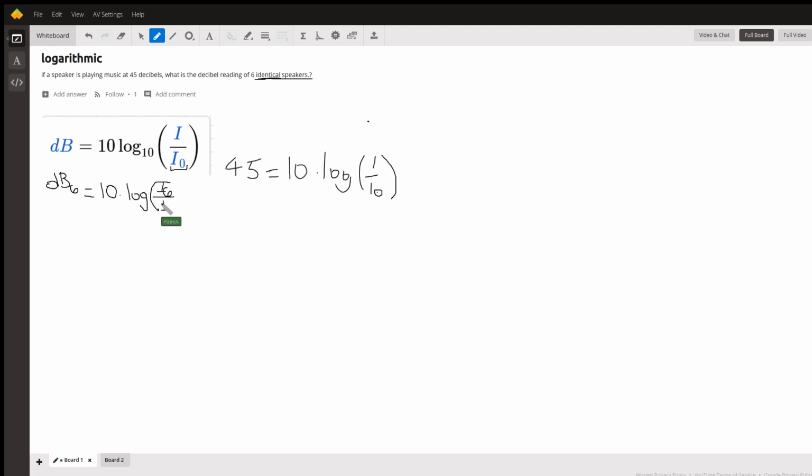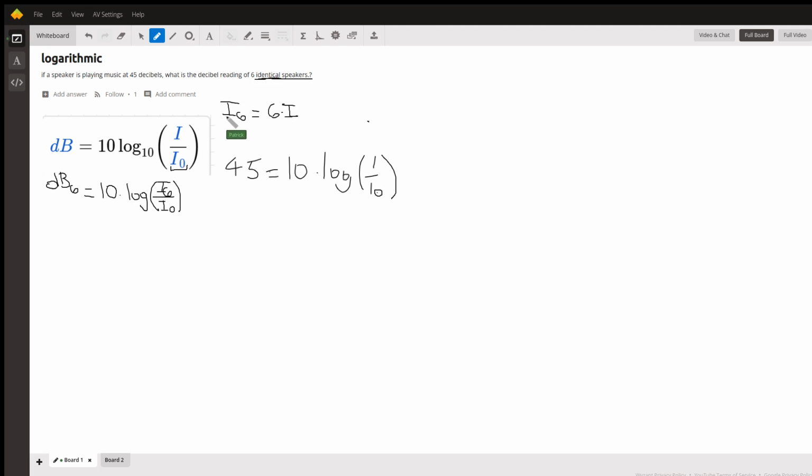But what do we know about I6? We know that I6, the sound intensity of six identical speakers, is 6 times the original I, so 6I.